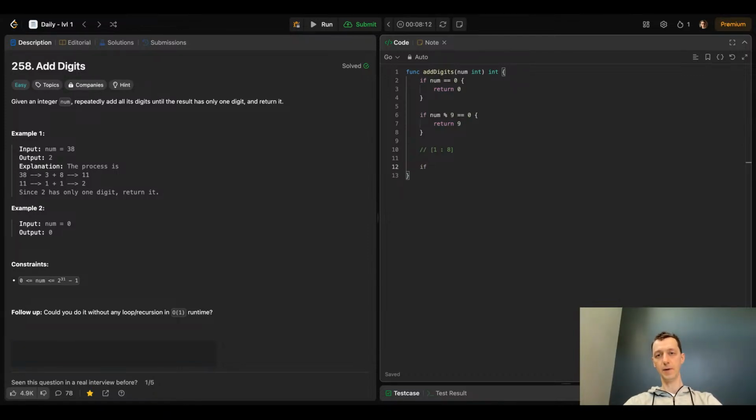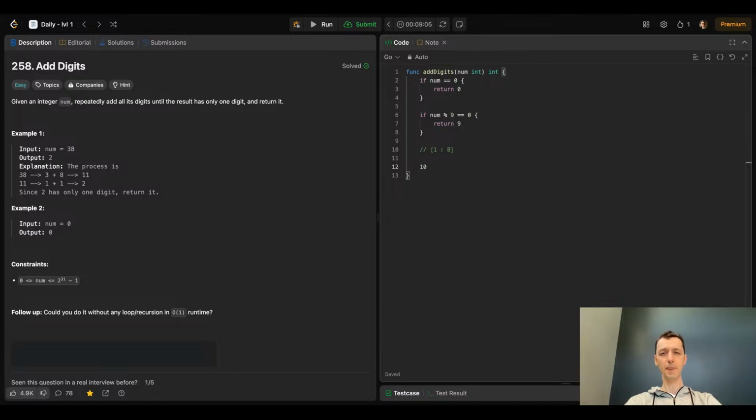It turns out that after we took care of 0, and after we took care of numbers that are divisible by 9, in all other cases the answer is that number divided by 9, the remainder, I think.